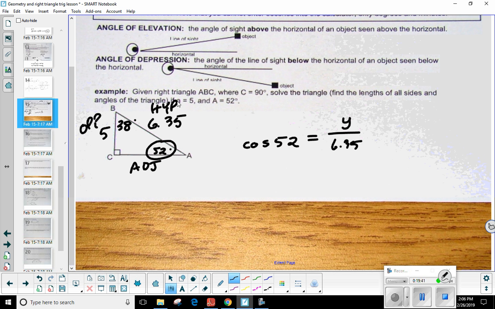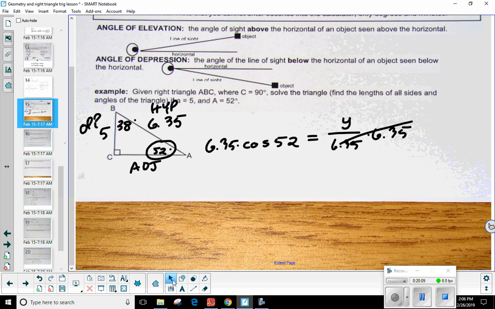Okay. Now here's what I like to do, especially if I'm not given exact numbers. Like this is a decimal that's going to continue forever, right? When I write it on my paper, I'm going to round it to a certain number of places. But when I solve, I'm going to use the actual value in the calculator to get a more approximate answer. Does that make sense? So I'm not going to type in 6.35.